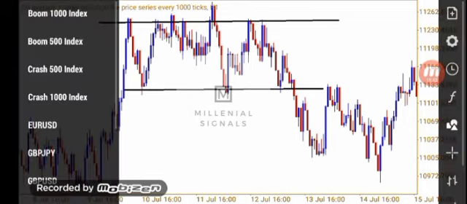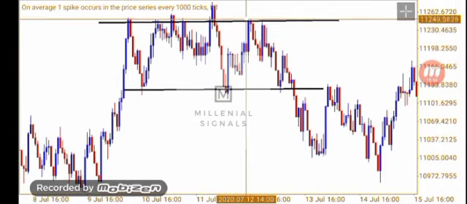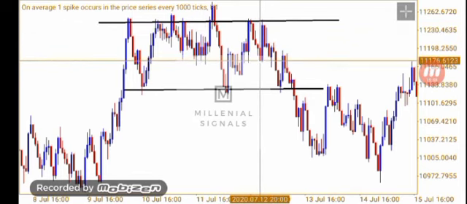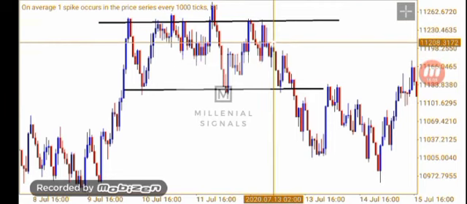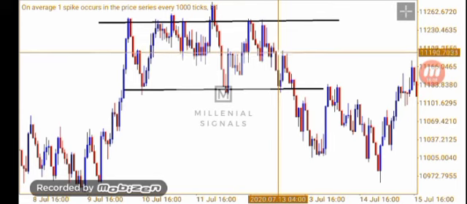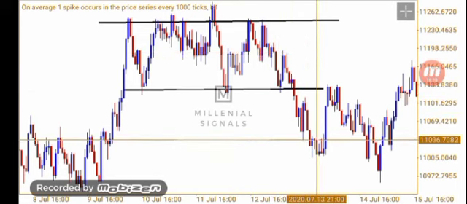For instance, here you can see price came down, then went up a little, came down, then went up a little. So it's made a series of sidestepping movements, and eventually price broke out at this level.